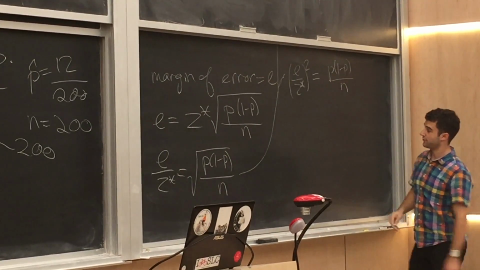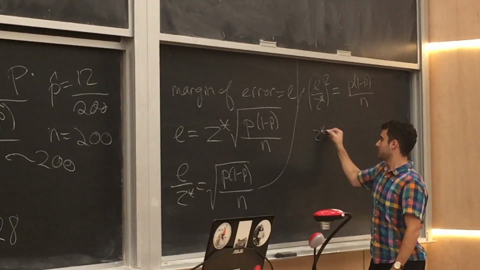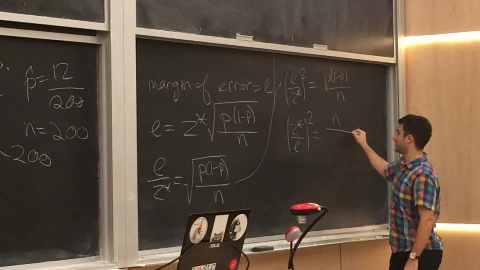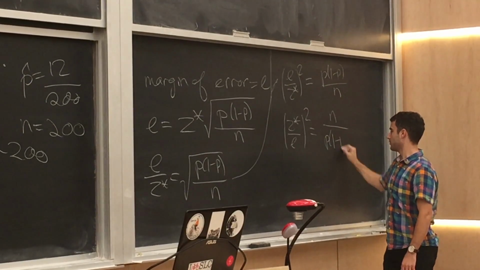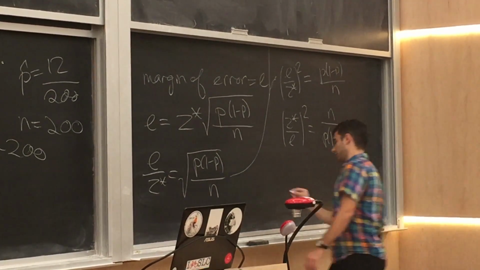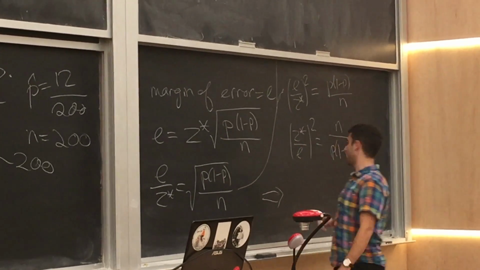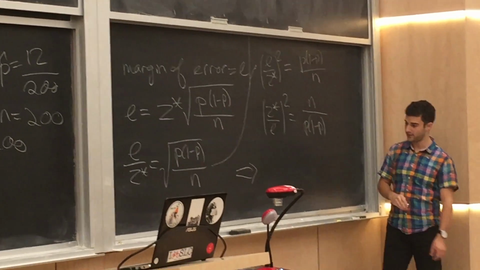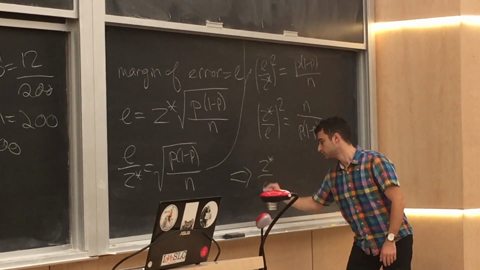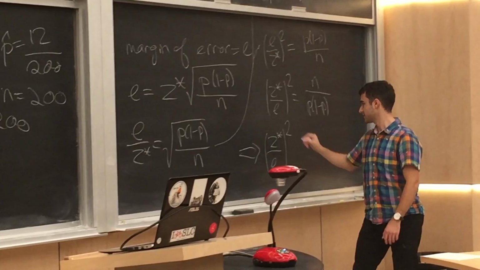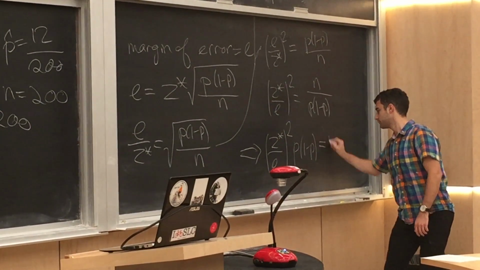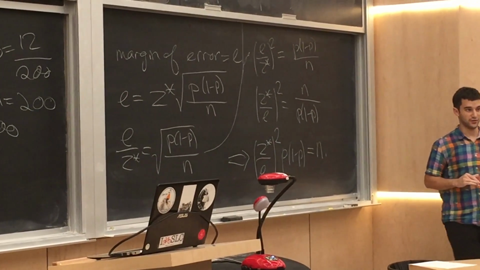We can flip both fractions to get (z star over E) squared equals n over p times 1 minus p. And finally, if we multiply both sides by this denominator, we get (z star over E) squared times p times 1 minus p is equal to n.